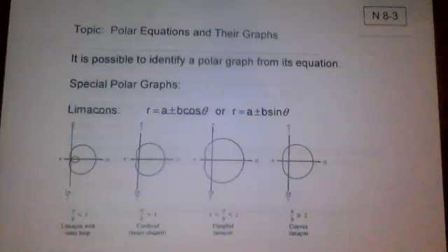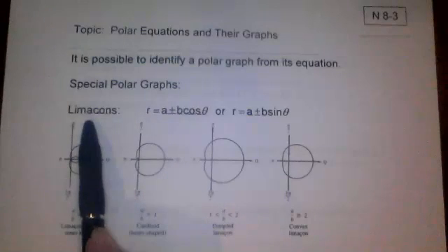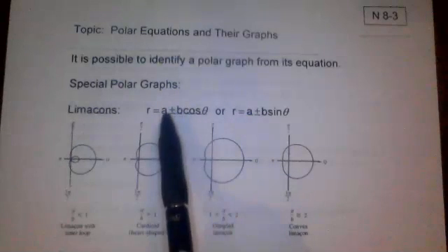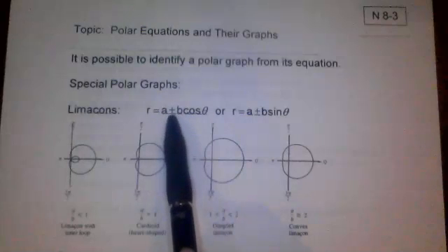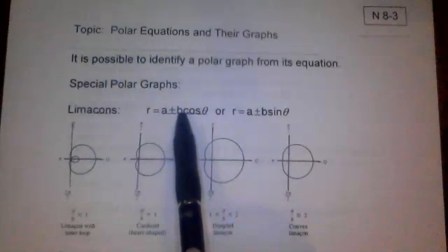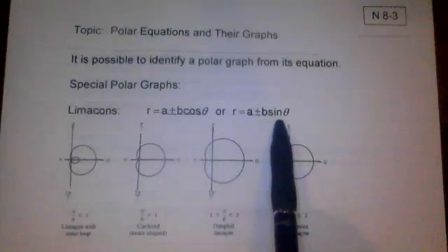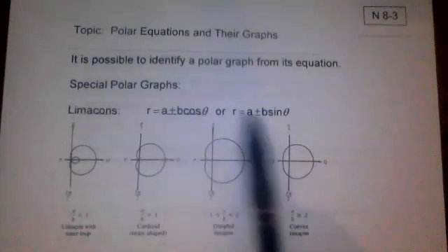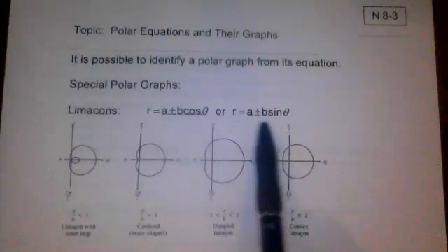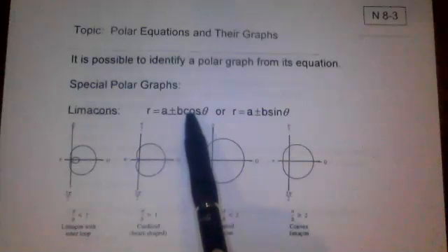So this first set are called limaçons. And in our limaçons, we're going to have a number plus or minus another number times cosine of theta or sine of theta. Now, the sine and the cosine, just like we did with our circles in our last lesson, are going to help us determine the axis that they're graphed on.